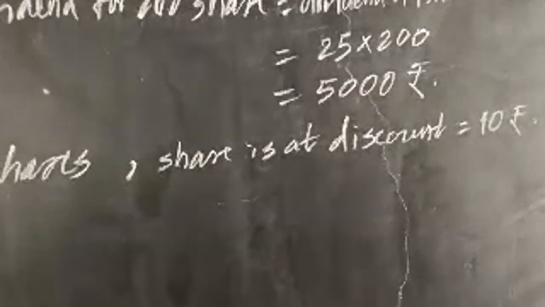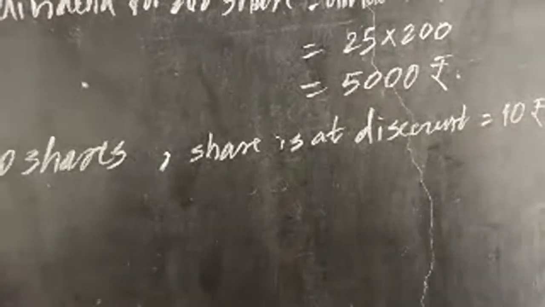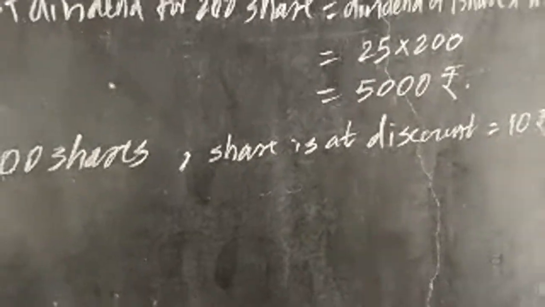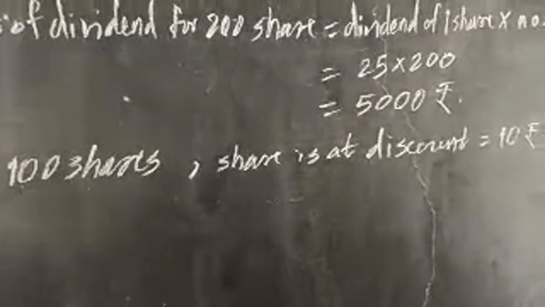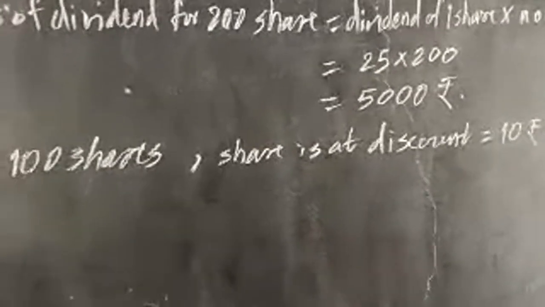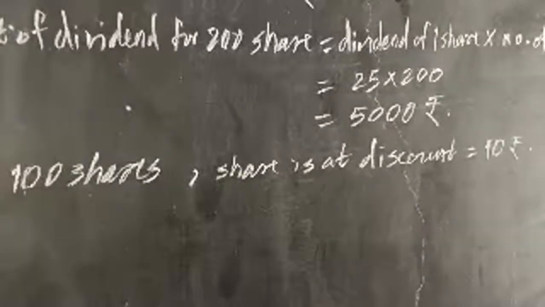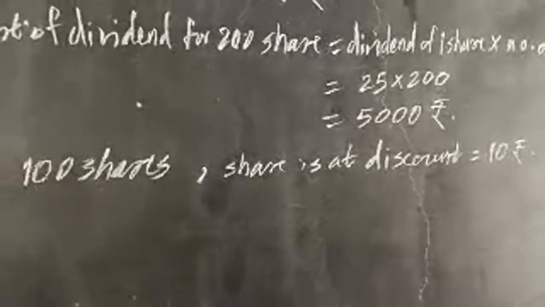What is the meaning of discount 10 rupees? MV is less than FV, that is correct.